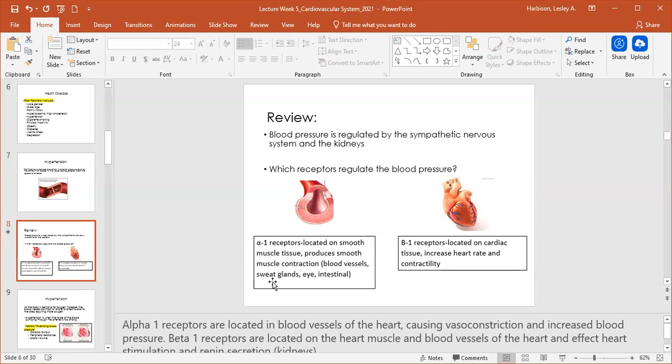So blood vessels, sweat glands, eyes, intestines also have alpha-1. So if alpha-1 is triggered, we have smooth muscle contraction and blood pressure would go up. Beta-1 receptors are located in the cardiac tissue, and that increases heart rate and contractility. Well, if your heart is contracting harder and faster, that's pumping more blood through your arteries, and so blood pressure will go up.